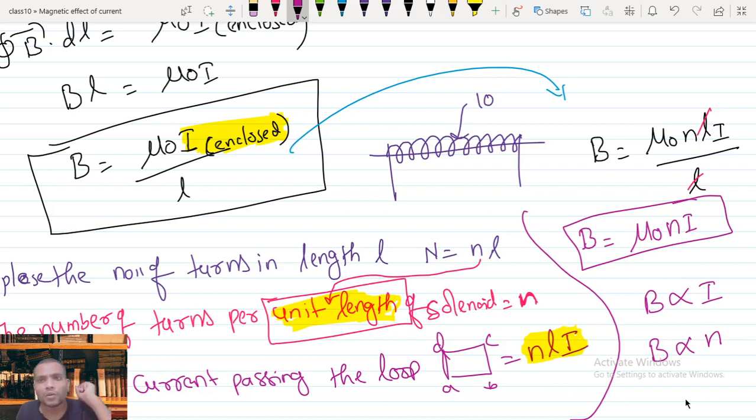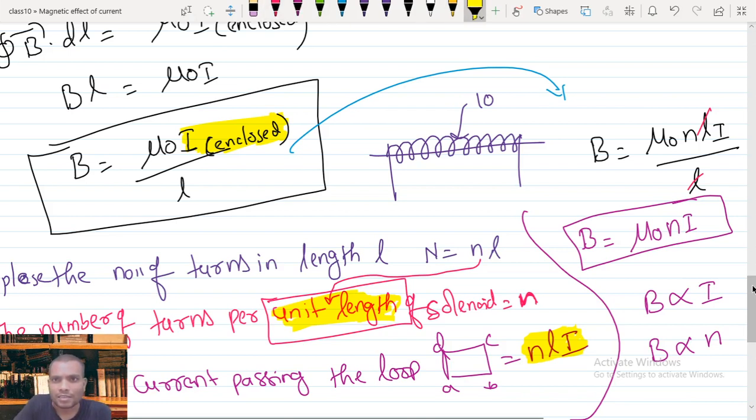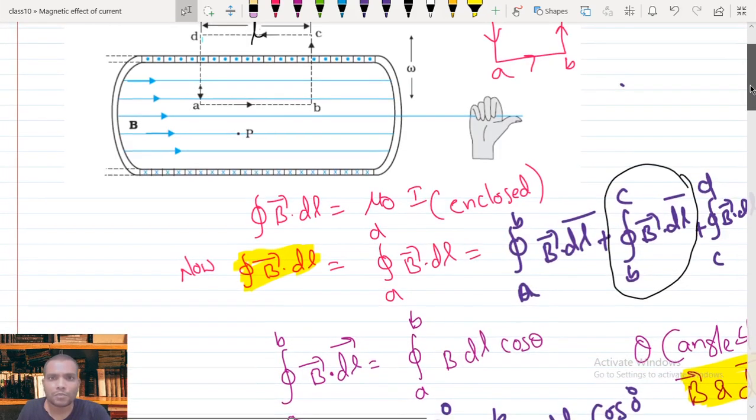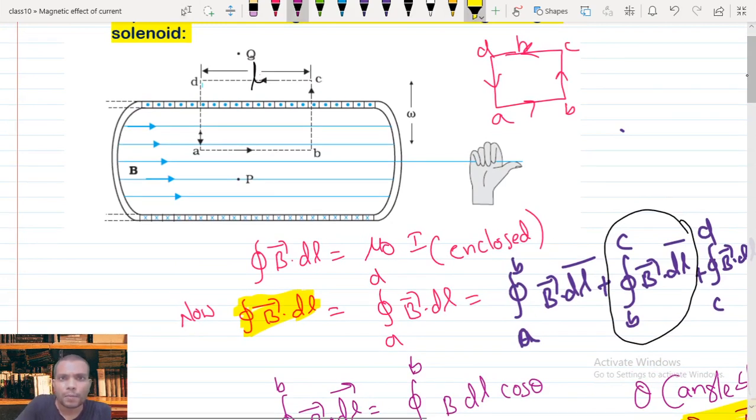If you increase so many turns in one unit length, the magnitude of the magnetic field also increases. So this is the final expression for the magnitude of the magnetic field for a current carrying solenoid: B equal to mu naught small n times I.